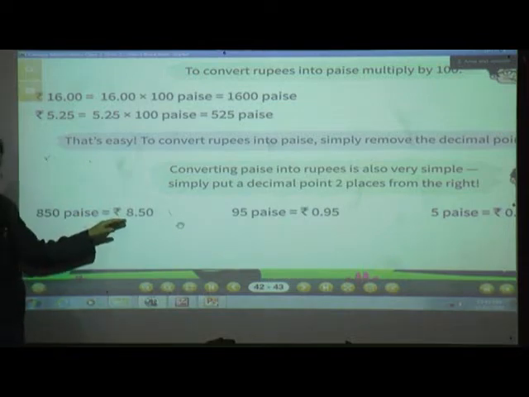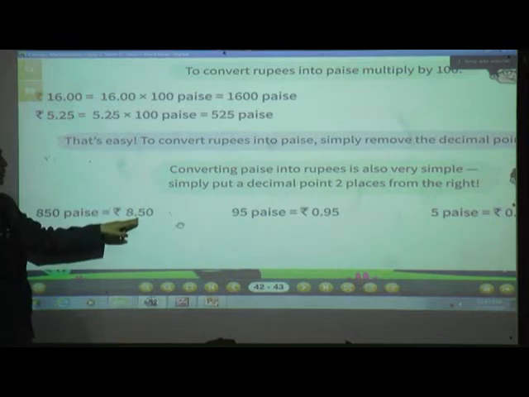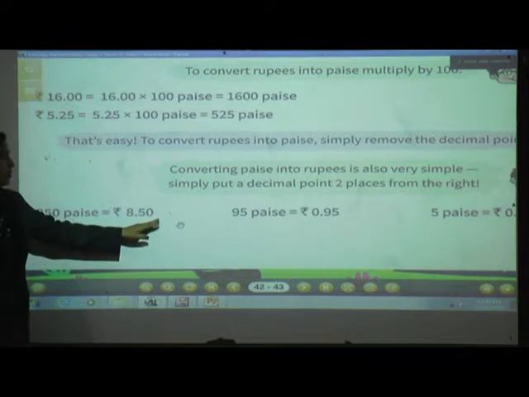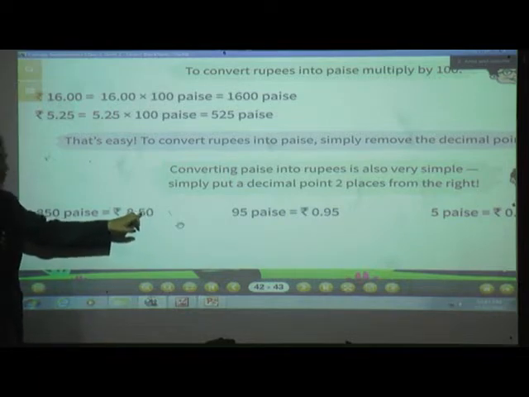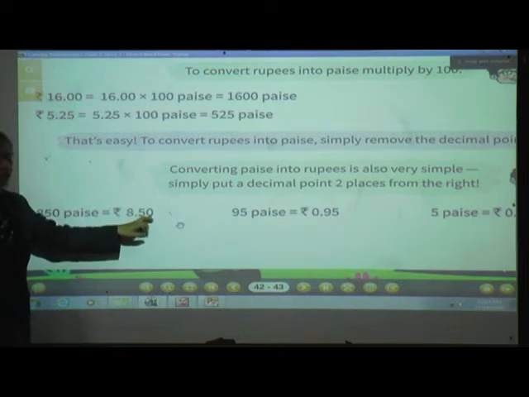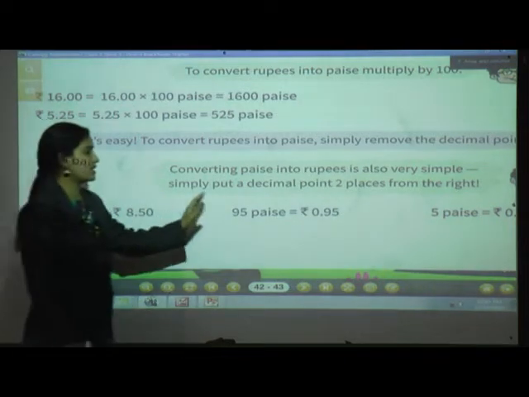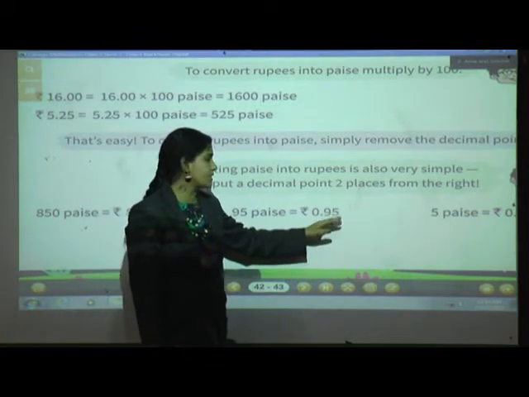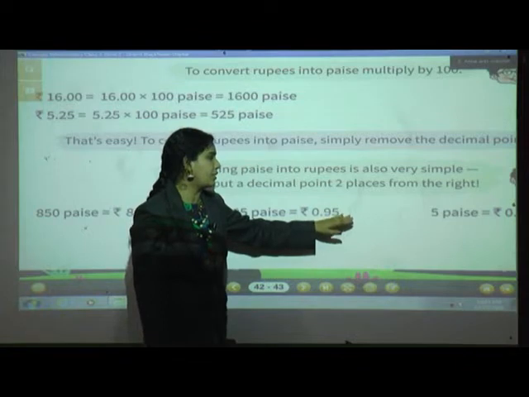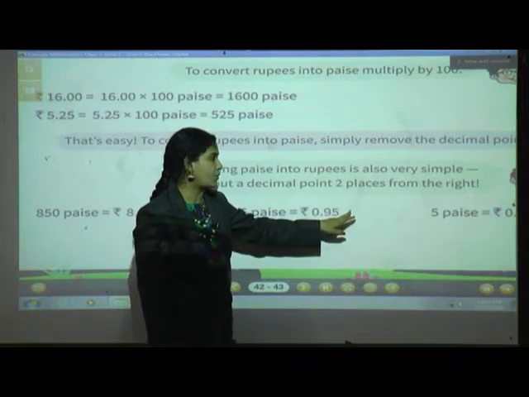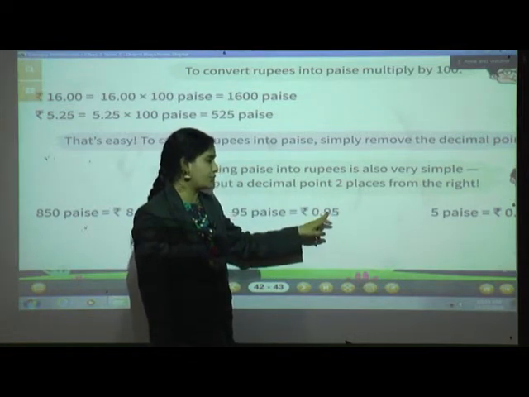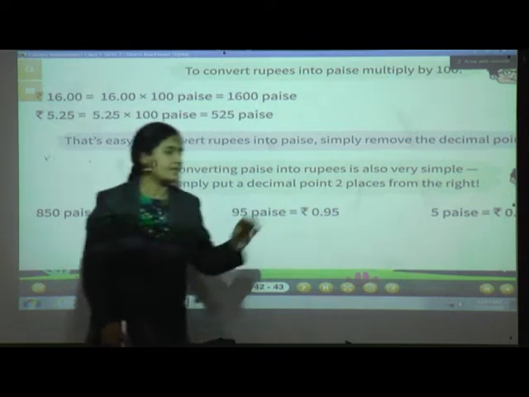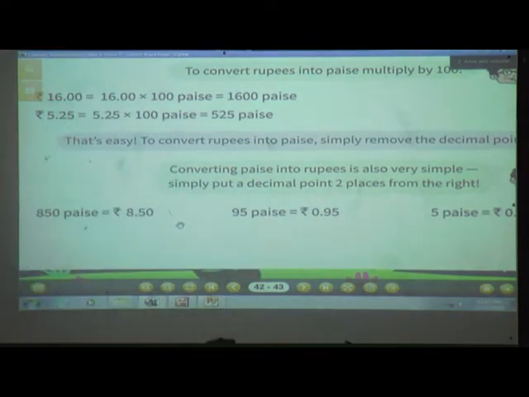If you convert it into rupees, just put a decimal point from the right side, 2 places. Here 1, 2. So that's why you will get 8.50 rupees, 8.50. Same here also, 95 paise, convert it into rupees. So just put the decimal point 2 places from the right side. Here 1, 2.